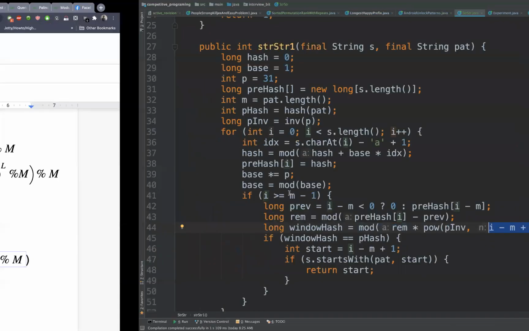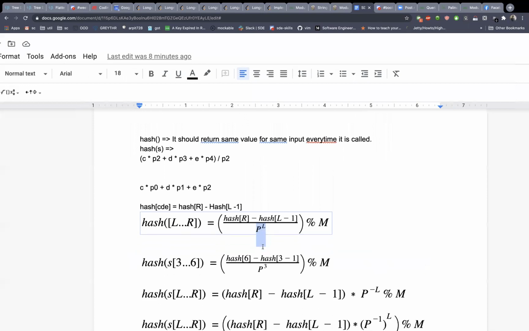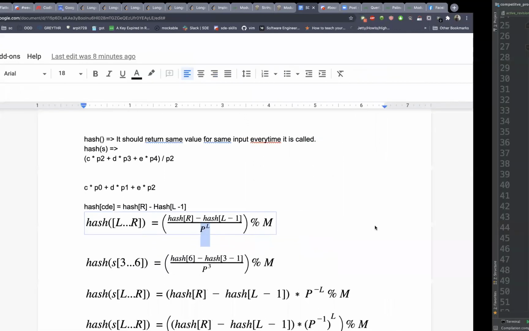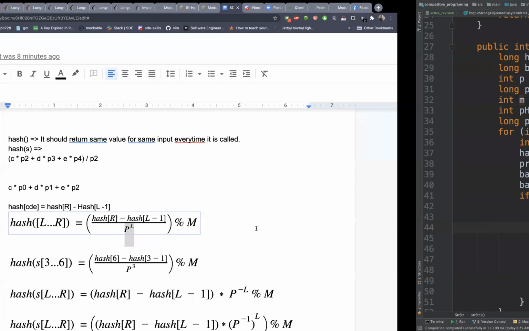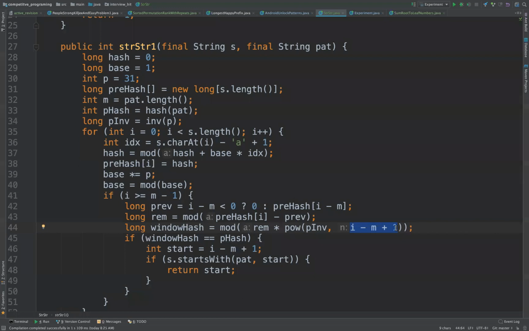As I said, we had this thing divided by p raised to l, so that we need to find. I minus m plus 1 gives you that, so here l represents i minus m plus 1, which is the start index. If you are currently at the end of some window of size m and want to go to the start of that window, this is the formula.